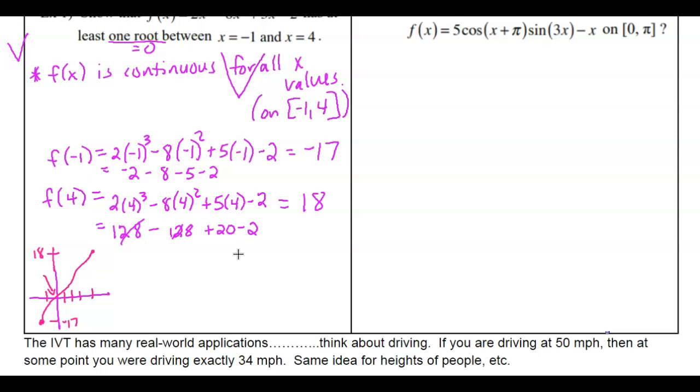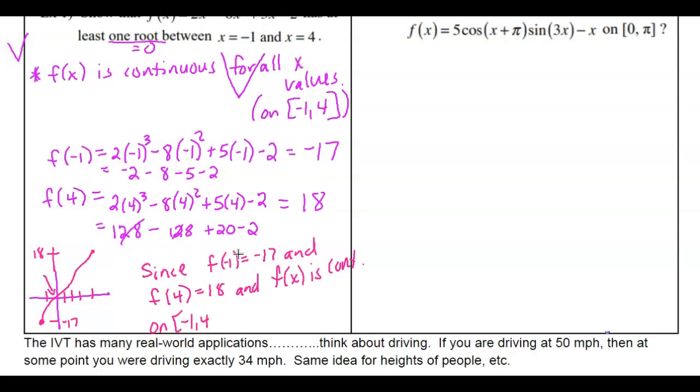So all you need to say is since f of -1 equals -17 and f of 4 equals 18, and f of x is continuous on -1 to 4, you would say by the IVT, at least one f of c equals 0.